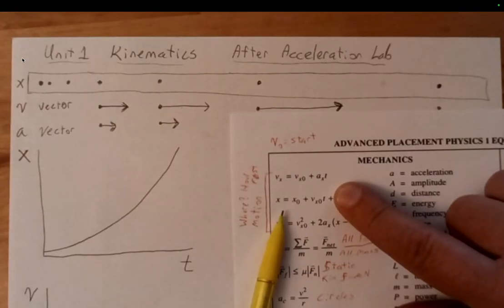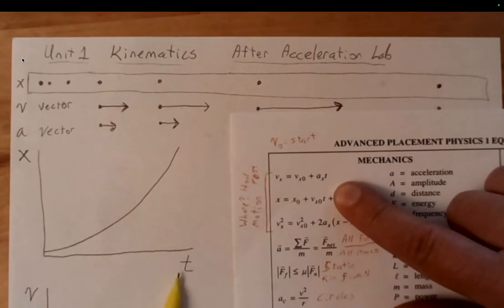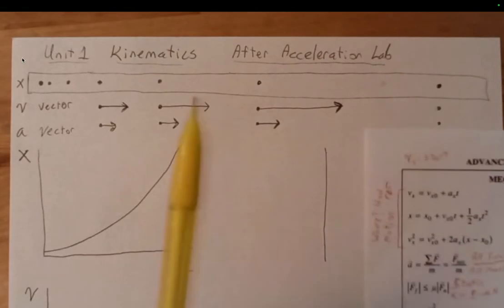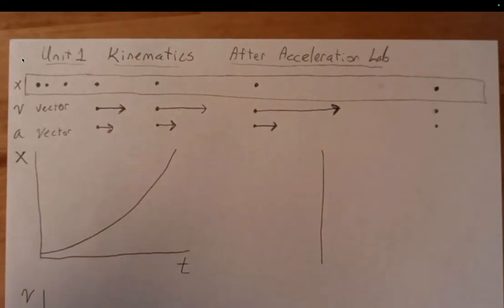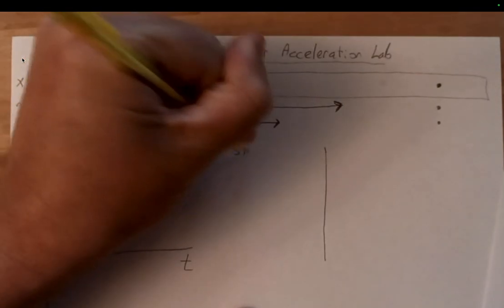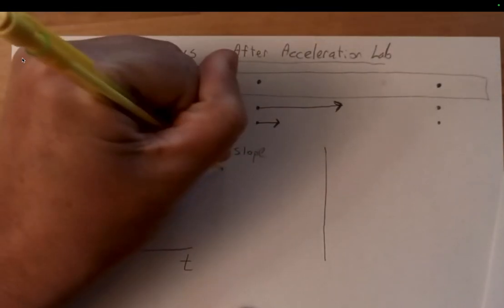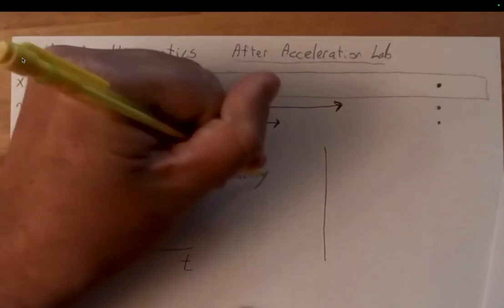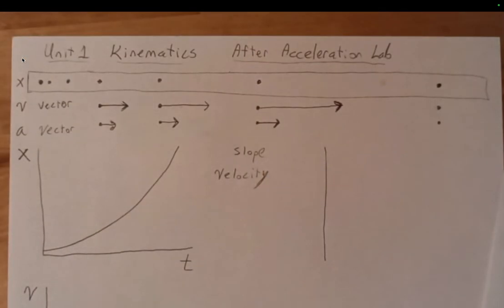Now I see that position versus time graph, and it doesn't look linear, but I do know from last week that the slope of this graph is my velocity. So I know the slope of my position versus time graph is my velocity. Last week we went through the area getting x times t, and that didn't give us anything, but the slope does tell me the velocity.